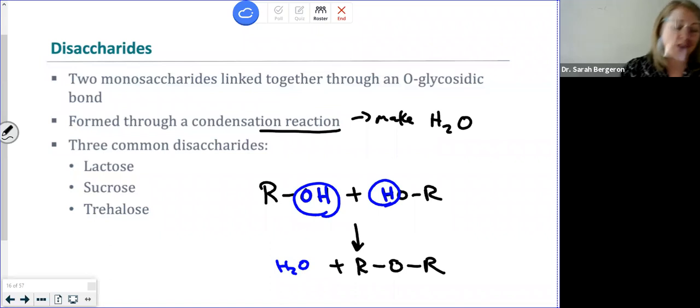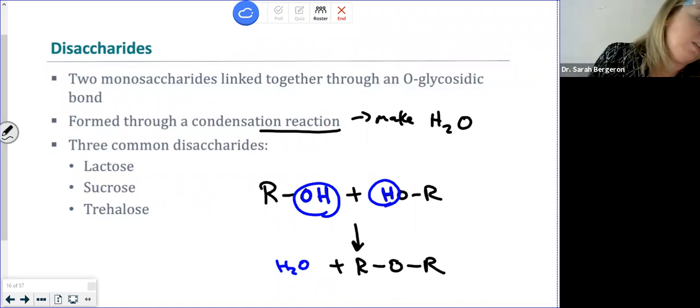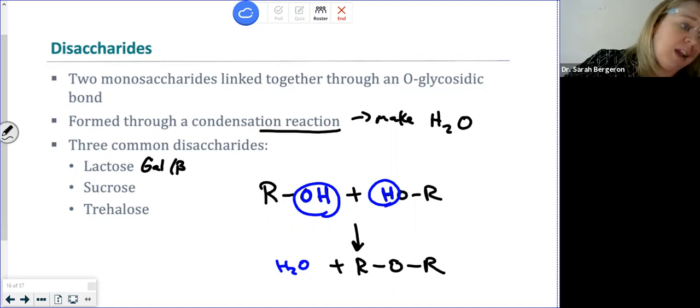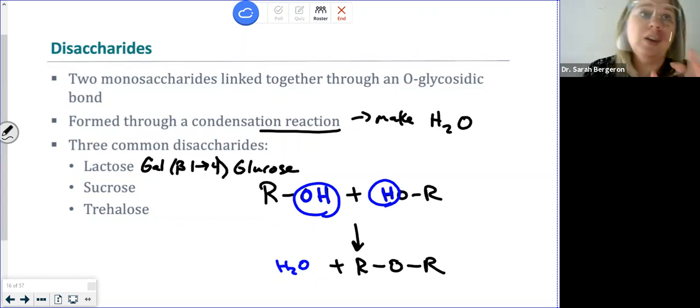So there are three really common disaccharides that you need to know. Lactose is one of them. Lactose is galactose, right? It's a disaccharide, so we have to have two monosaccharides. And it's in a beta 1,4 glycosidic bond with glucose. We're going to look at what these are, but you need to know some of these.